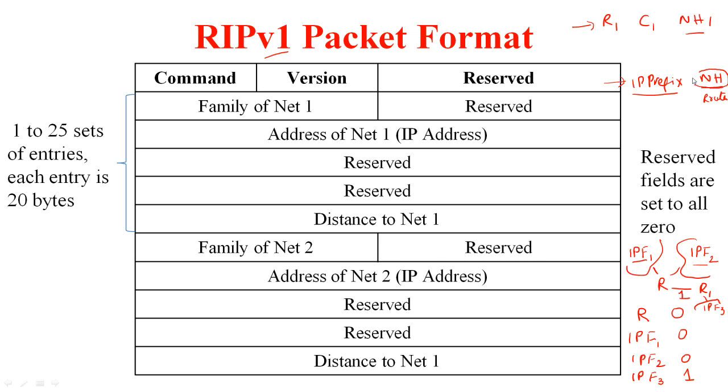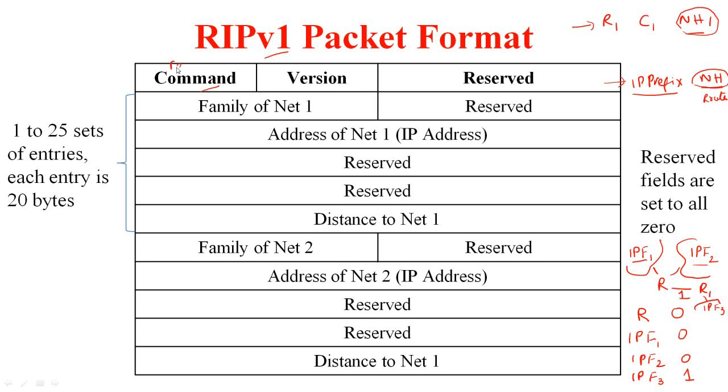But the next hop information that you maintain will be that of the router from which you could reach this particular prefix. So this is captured in the RIP packet format itself, where you're not advertising your neighboring router information, rather the IP prefixes. So let's look at the fields one by one.